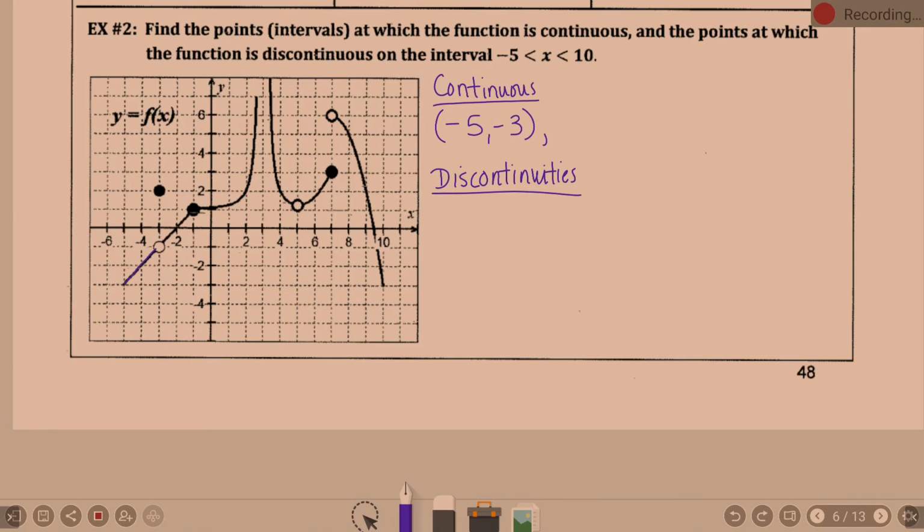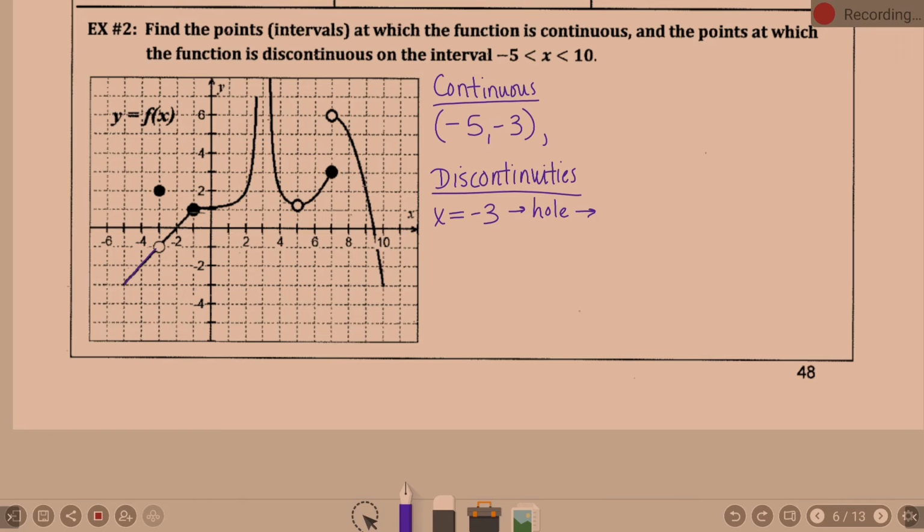Okay. So -5 to -3. Why did we stop at -3? X equals -3 is a discontinuity. Specifically, you guys use the word hole, and it is what type of discontinuity? Okay, I'll go for both.